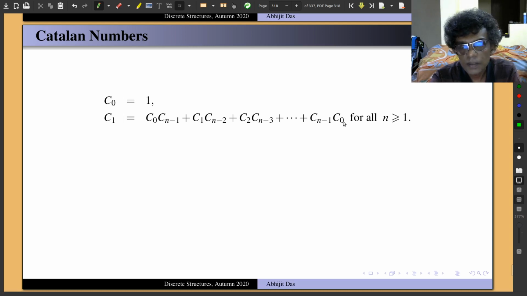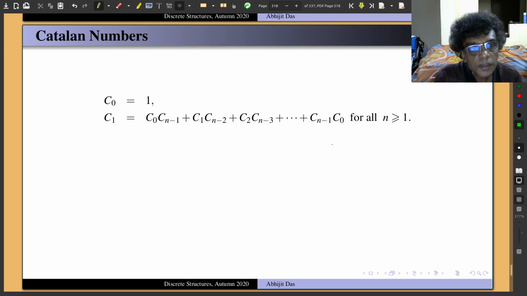Now, because two C terms, Ci, Cj are multiplied here, this is not a linear recurrence. Moreover, oh sorry, I made a mistake again. This is not C1, consider this as C, not C1, this is Cn.